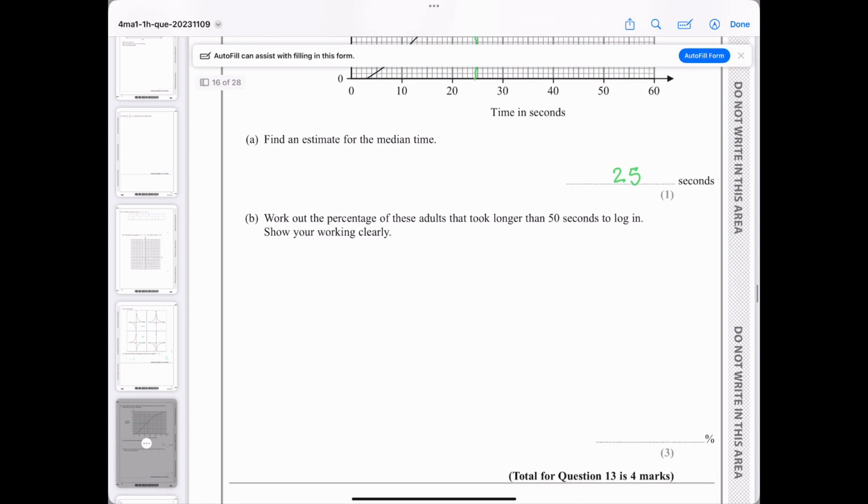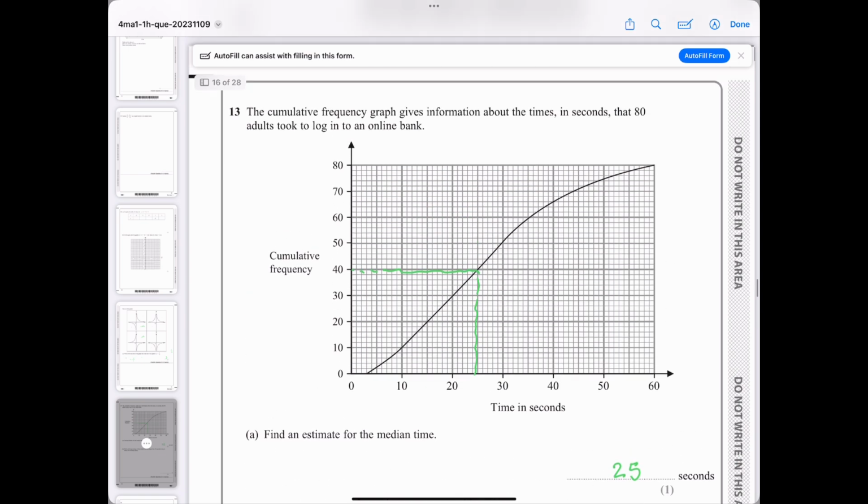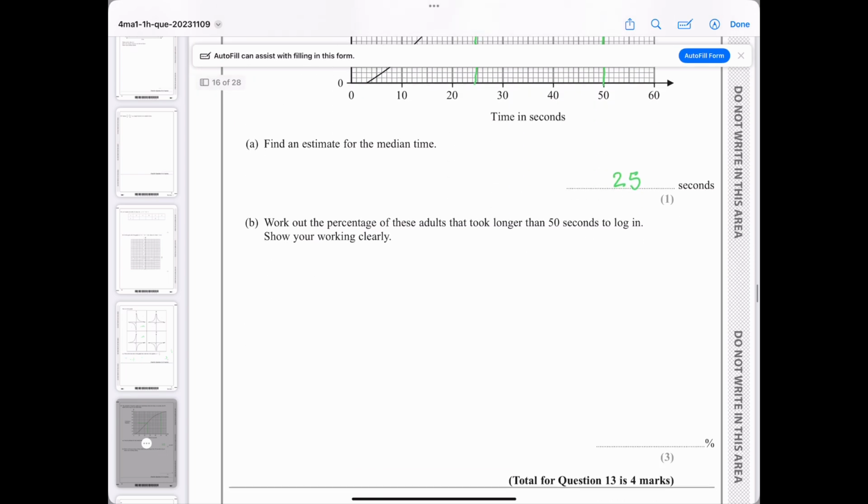Work out the percentage of the adults who took longer than 50 seconds to log in, and show clearly how you get there. So people that took longer than 50, let's go along there, and I think it's 75. That means that's 5 out of 80.